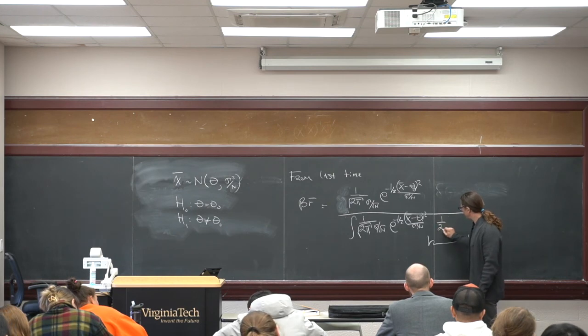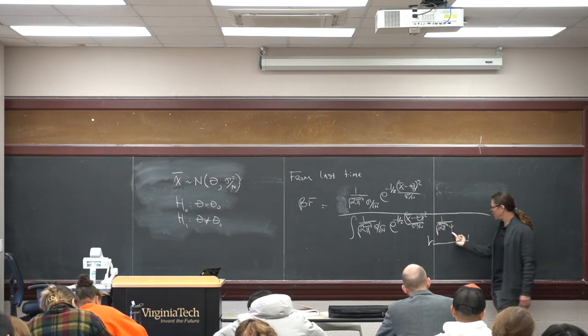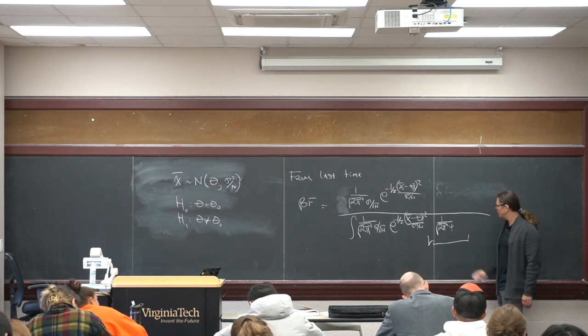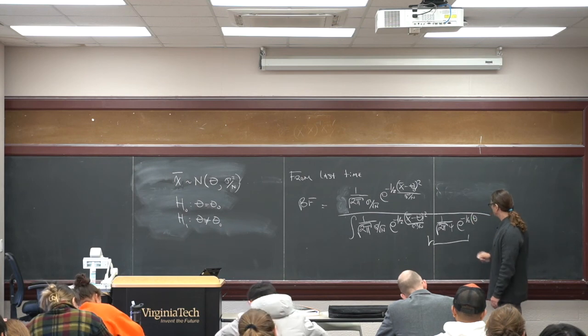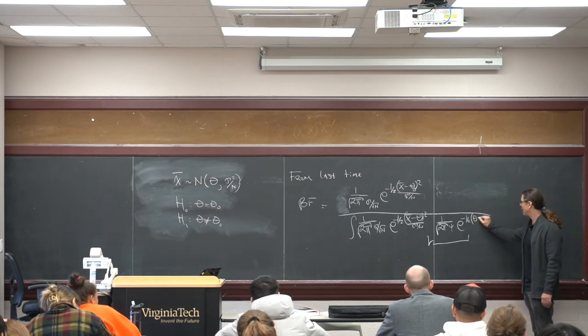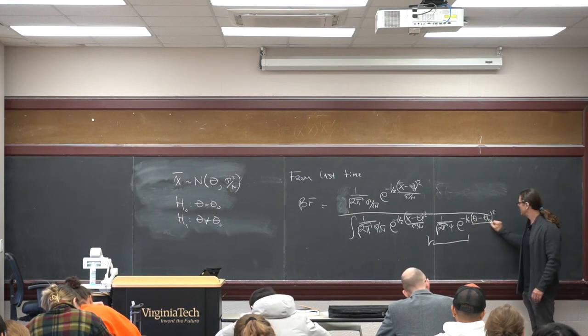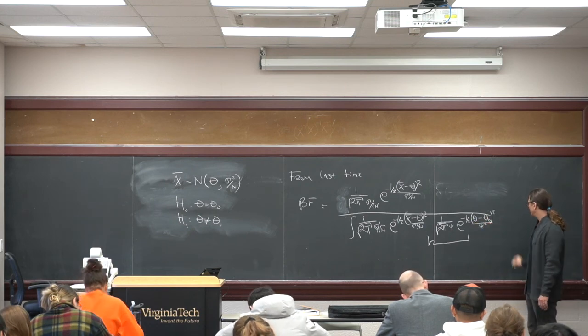And the alternative prior was a normal that we specified with some variance psi squared. E to the minus 1/2 is the distribution on theta. It's our prior. It's going to be centered at theta naught, our null hypothesis. I've got a psi squared down there.